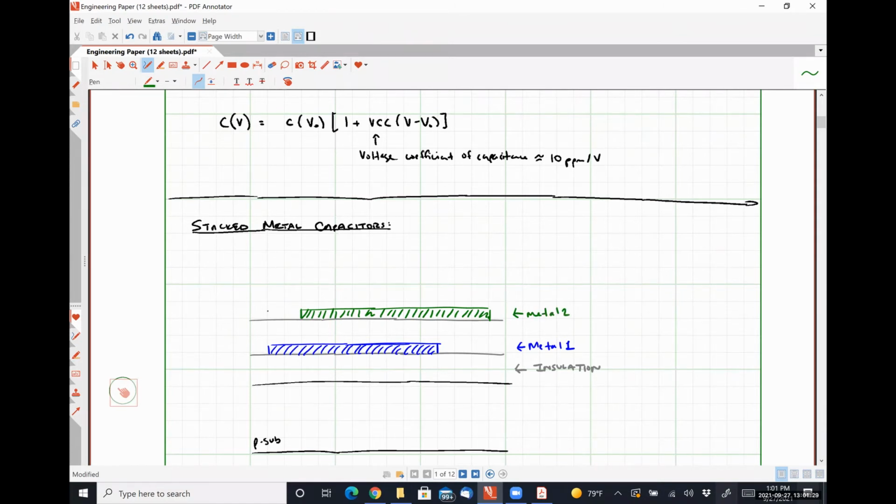And I'm going to put a little chunk of metal 2 over here on the left as well.